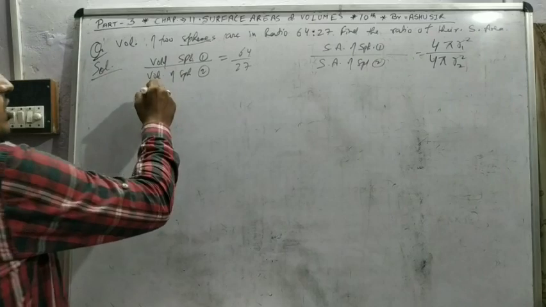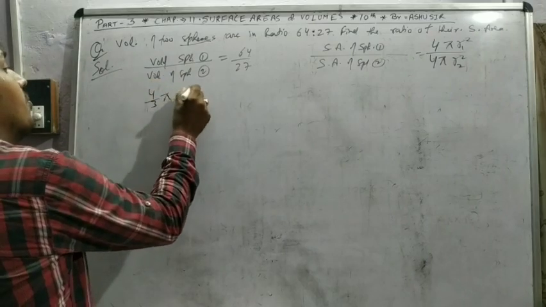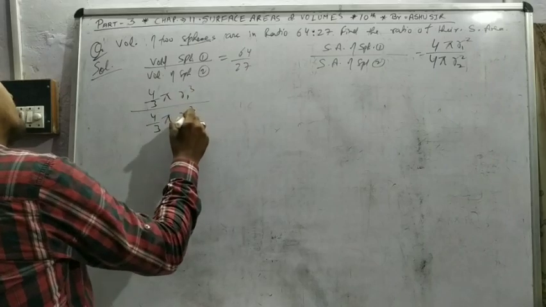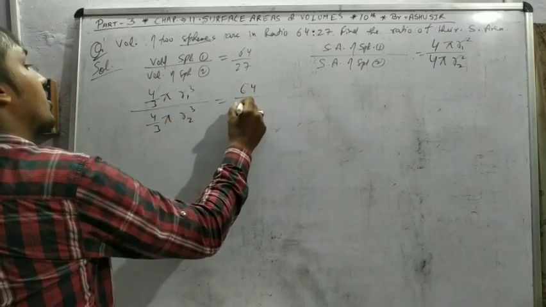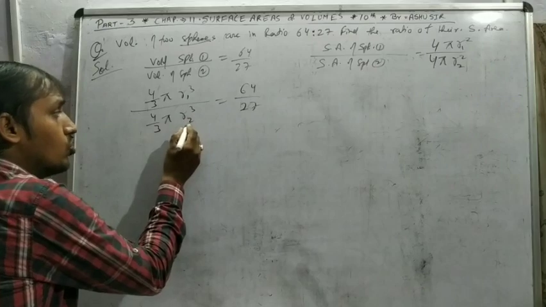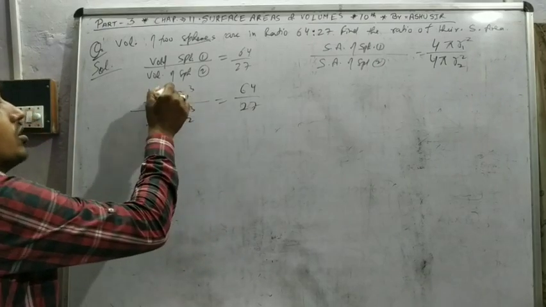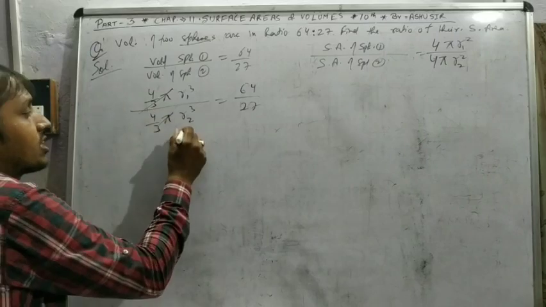So use here 4 by 3 pi r cube for the first sphere and second sphere, equal to 64/27. R1 and R2 are different radii. This is the cube. 4 by 3 pi, 4 by 3 pi cancel.